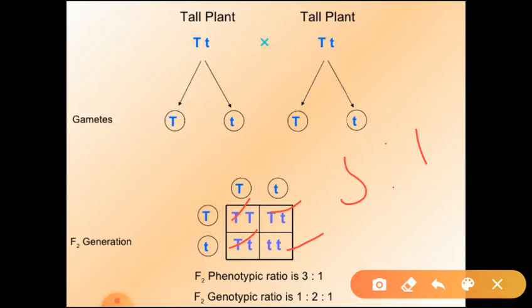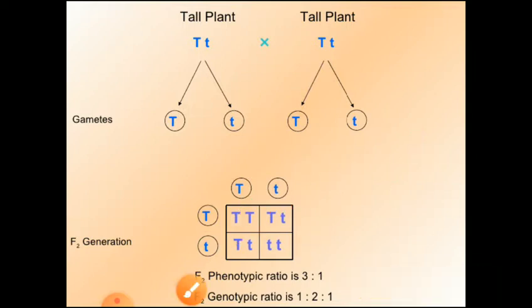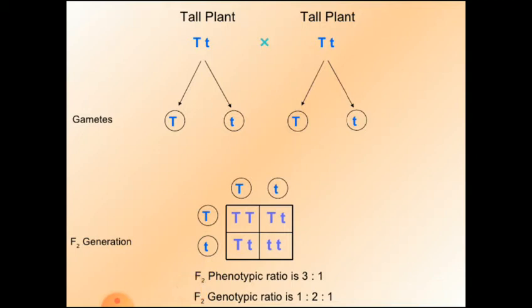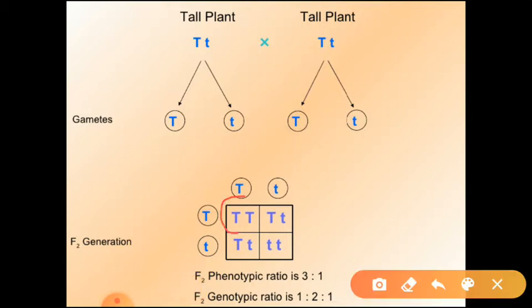Next, genotypic ratio. What is genotype? The set of genes present in an organism we can call genotype. Here, these are all the set of genes present in that particular organism. When we examine this genotype, listen, one is meant for pure tall.